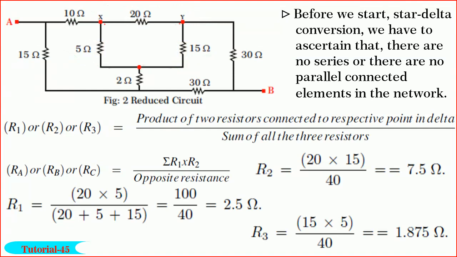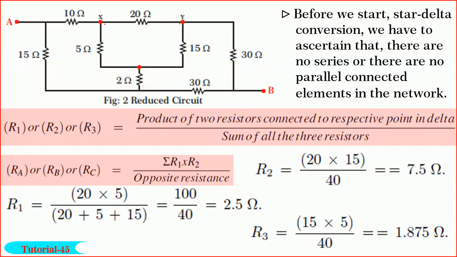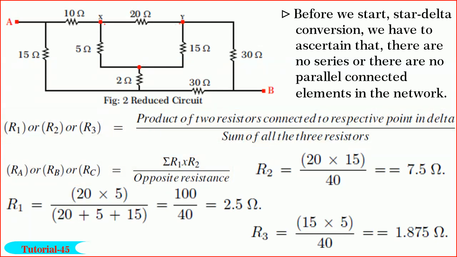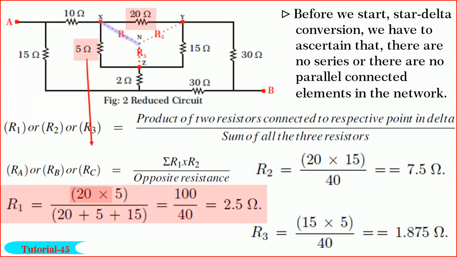Hope you know that for converting star into delta or delta into star, we need to remember only two equations as shown. Friends, let R1, R2 and R3 be the resistances connected in star as shown. Then R1 is equal to 20 into 5 divided by 20 plus 5 plus 15, which will give us 100 divided by 40, and hence R1 is equal to 2.5 ohm.